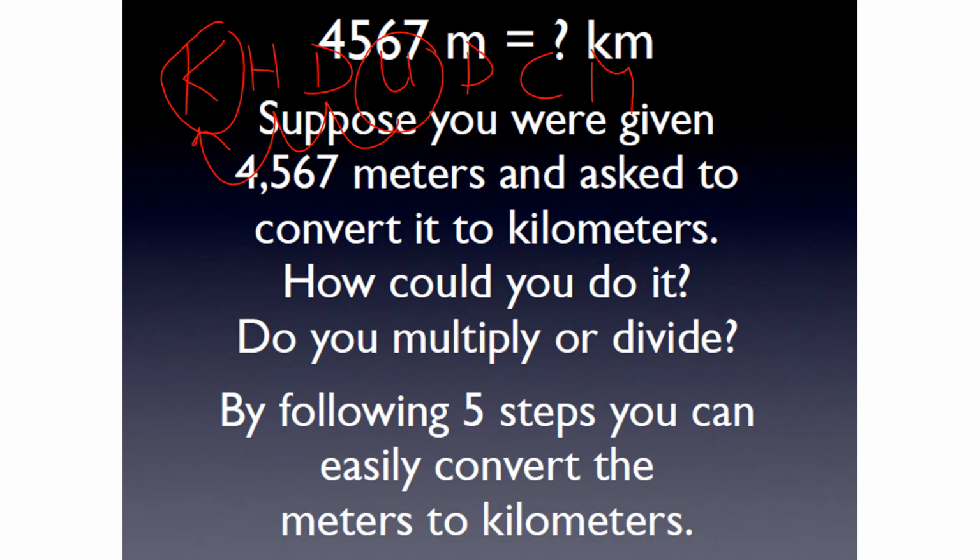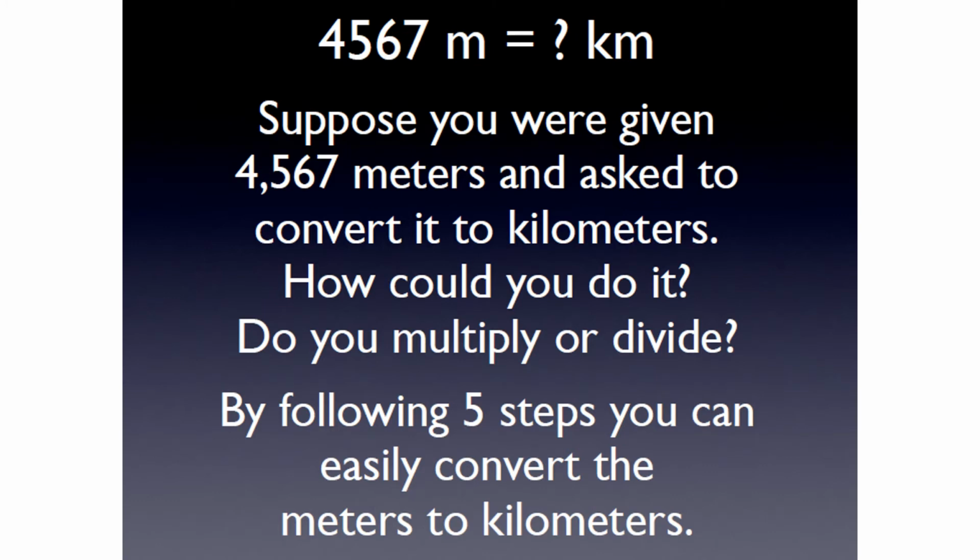However, in this class, you aren't always going to be going from metric to metric. You might be asked how many inches there are in 4,567 meters, or how many feet are there, or how many fathoms. So you can tell from those 3 units, you wouldn't be able to do that shorthand method to convert.